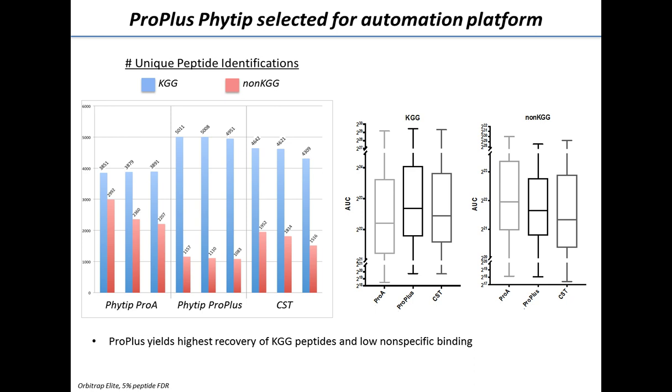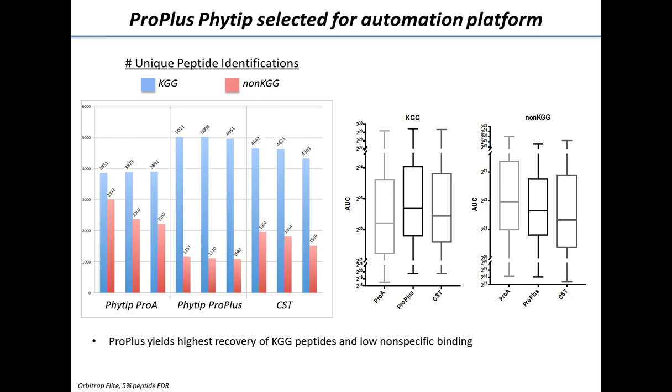Shown here are the results for that experiment. Looking at the number of unique peptide identifications, what I hope you can see is that we get the highest number of KGG peptides identified with the lowest number of non-KGG peptides. Again, that's reflected if you look at the graph on the right, showing the KGG over non-KGG peptide ID ratios.